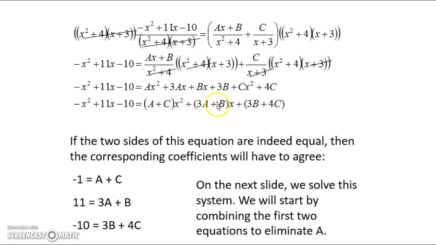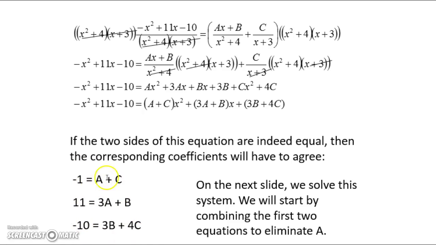So we are going to have to set it up this way, and now we are going to have 3 equations here that we're going to have to solve for. Now, the result of a plus c has to be -1 because that's the coefficient of the x squared term over here. The result of 3a plus b has to be +11, and the result of 3b plus 4c has to be -10. So here's the system of equations that we come up with from this partial fraction decomposition.